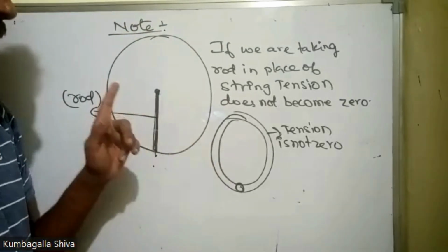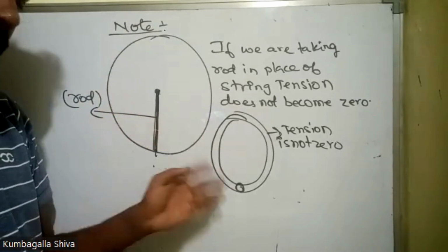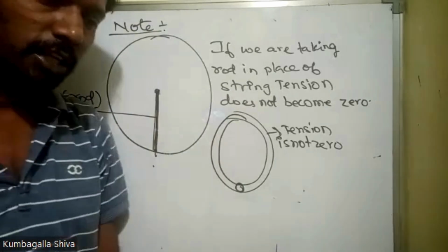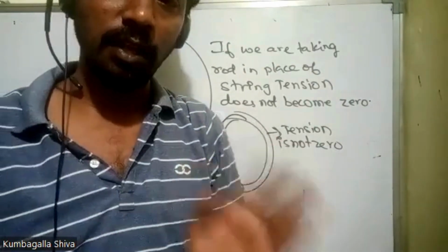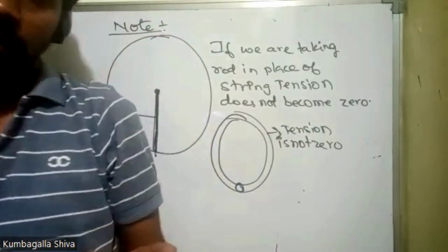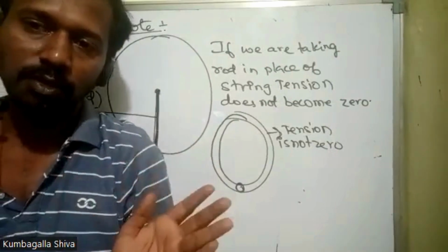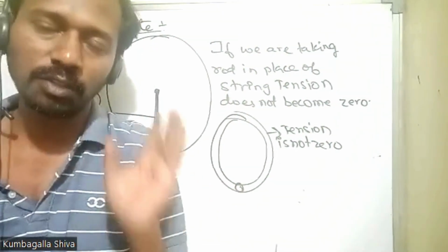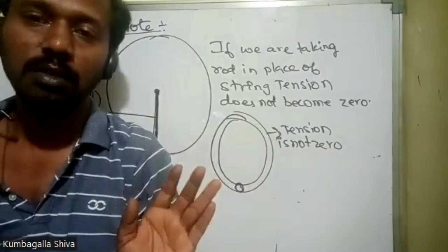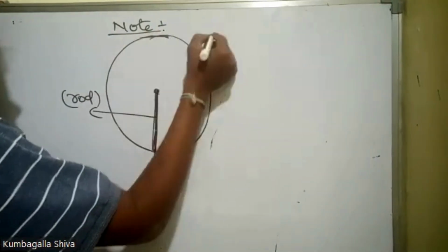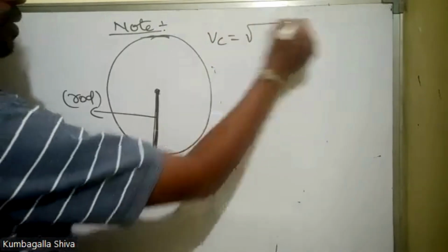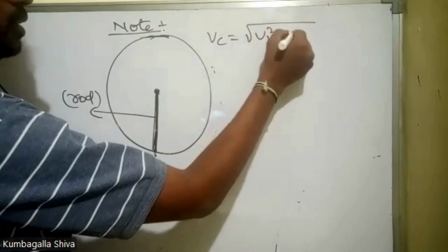You are going to calculate the same thing, but when you are taking these conditions, we have seen that while taking a string we observe the motions at different positions, and there the tension is becoming zero for a string. But for the rod it is not, because the tension has some pulling force. That's why at the C position vc is equal to under root of v1 square minus 4gl.